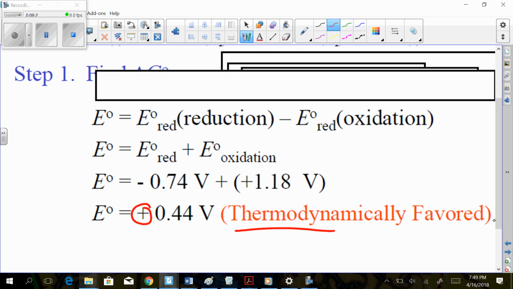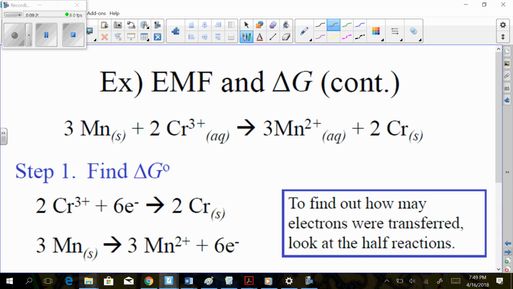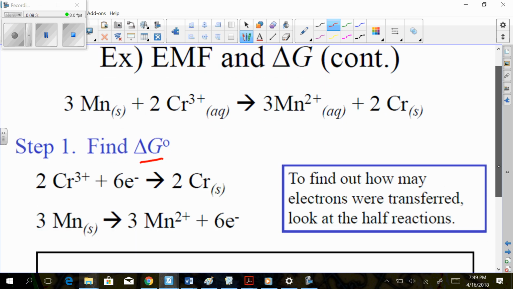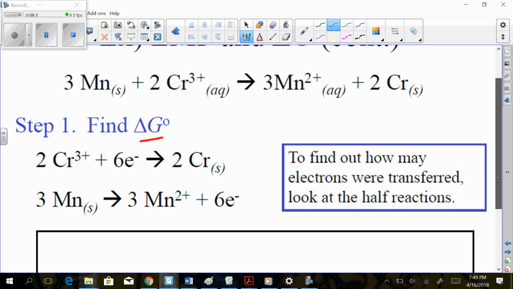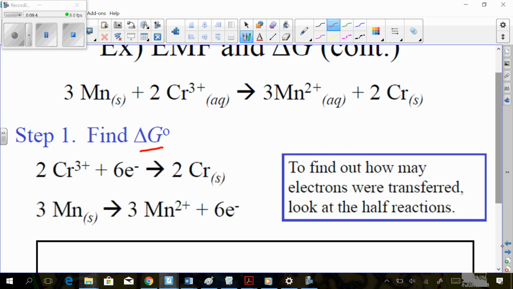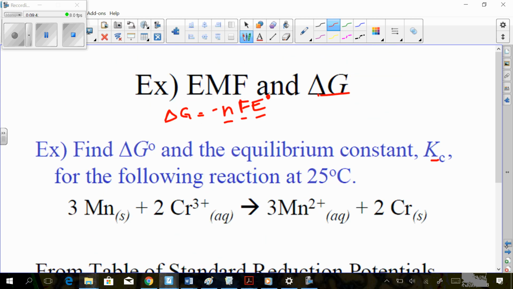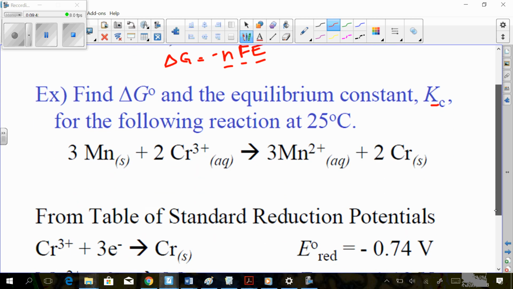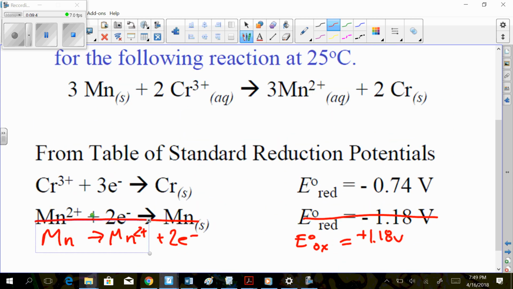Now the next step is to take that value and put it into the negative nFE equation to find delta G. If we look at our overall reaction, we found those two reactions. If you balance those two reactions, I have 3 electrons here, I have 2 electrons here.